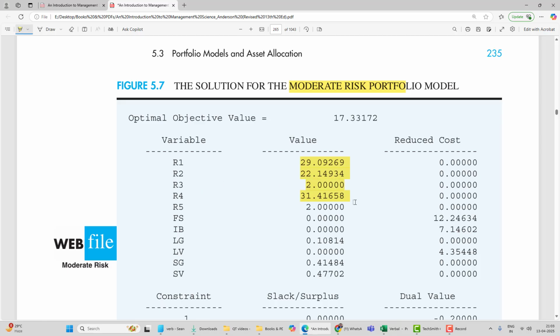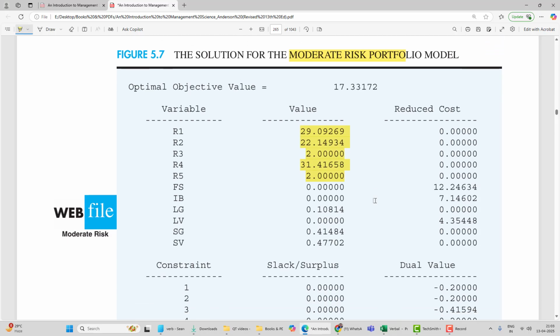But in the third scenario you will get 2%, which is as low as the customer is ready to go, and in R5 also he will get 2%. So out of the five scenarios, three give very good returns of 22%, 29%, 31%, but in two scenarios you will get 2%.